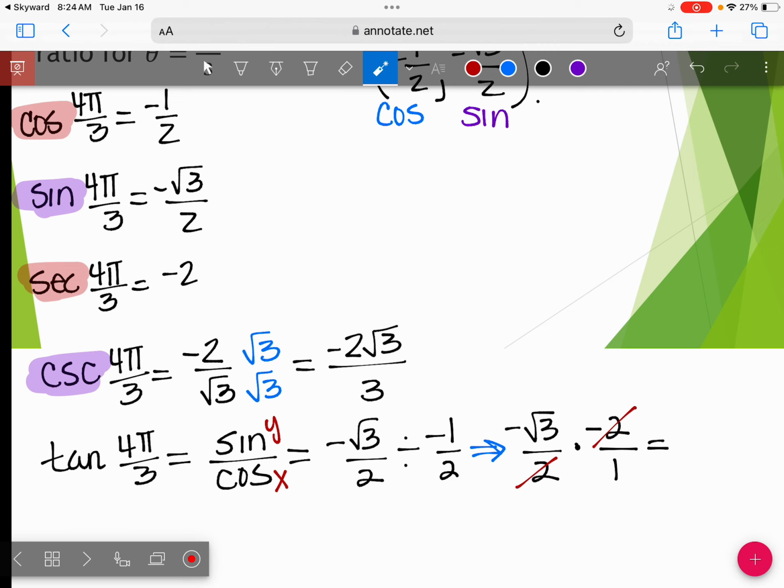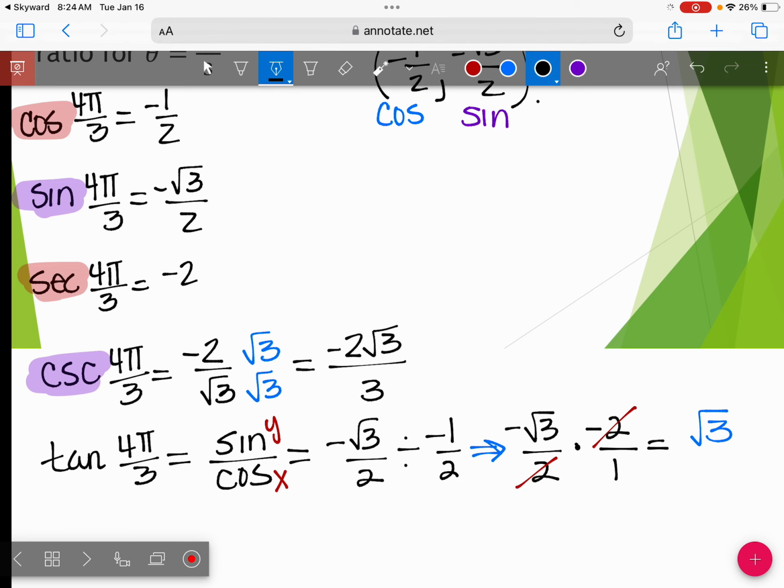Positive. So your tangent and cotangent will be positive. In this quadrant, tangent and cotangent are positive. So my final answer is going to be the square root of 3, and it's positive. It's not negative. A negative divided by a negative is positive.